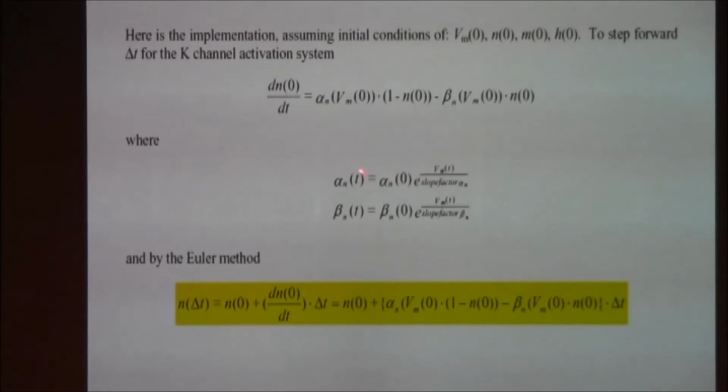And the way we set alpha and beta are these exponential functions, instantaneous functions of voltage, right? So this is stuff that we have already gone through. To march into the future, approximately, n at time delta t would be n at time 0 plus dn/dt, the derivative at time 0, times delta t. And I know what that is. It's just this, so you just plug it in. And that should march us forward in time.